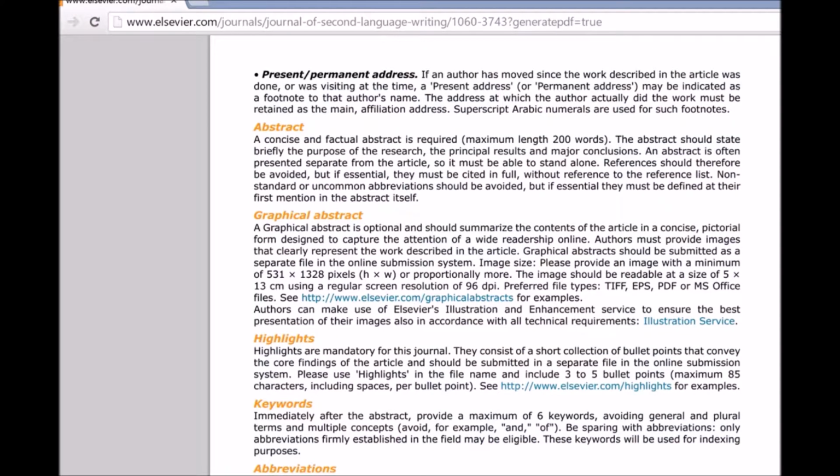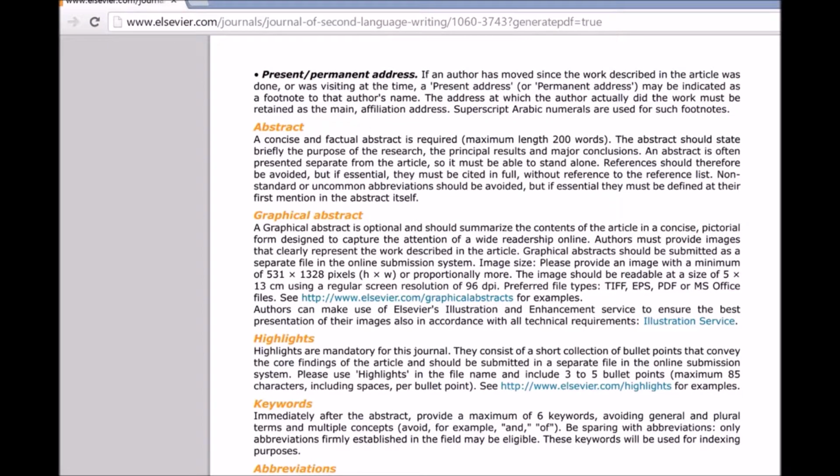Almost every journal wants an abstract. Here it's 200 words, it may be 150 words. It tells you what should be in the abstract. Abstracts are usually maybe one or two sentences from each of the major sections of the paper. They do often ask you as a reviewer whether the abstract really captured the paper.